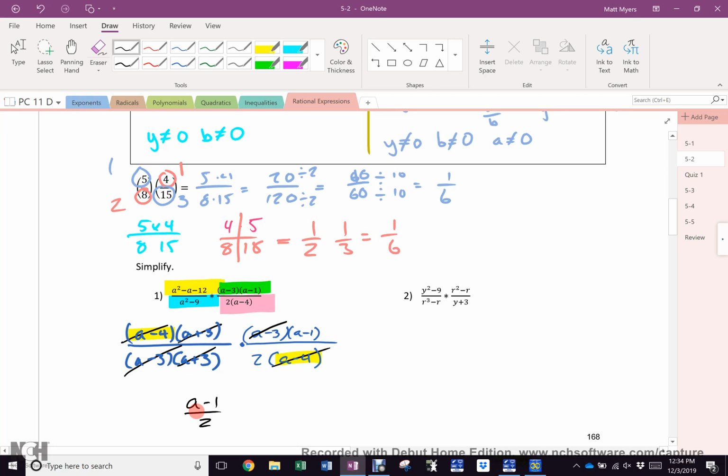Now, what did we not talk about? We did not talk about NPVs. Where do I check for NPVs? Before I cancel. Because when are you allowed to have a negative or have an NPV of 0? Never. So I got to check for NPVs here before canceling.